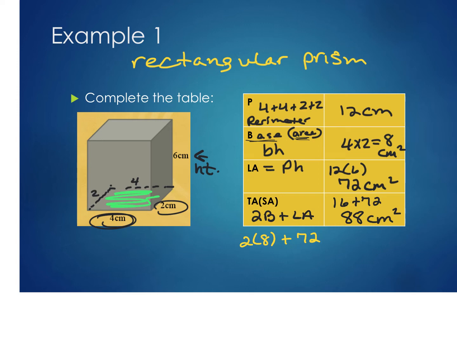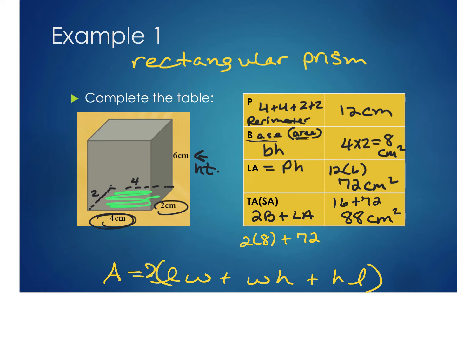So probably in middle school when you did rectangular prisms, they taught you something like this: length times width plus width times height plus height times length, or any version of that. And then there's a 2 in front of all of this because you have 2 of each.